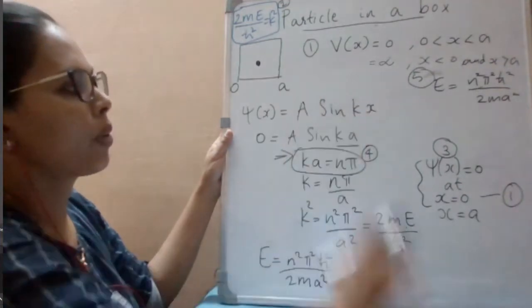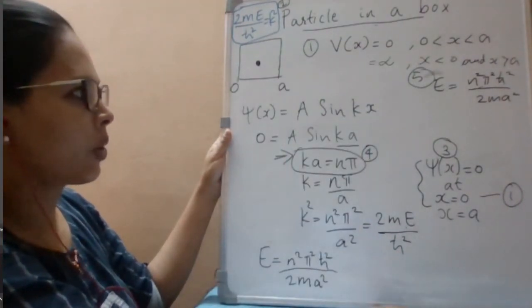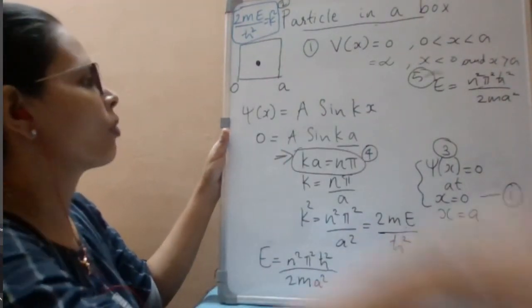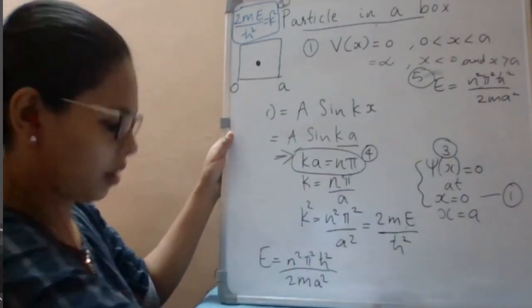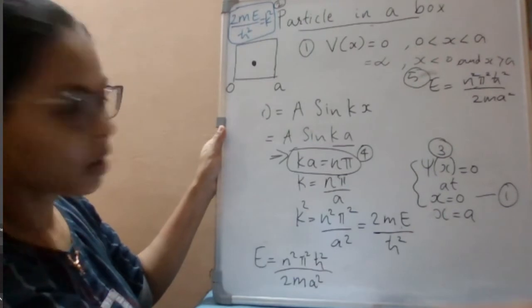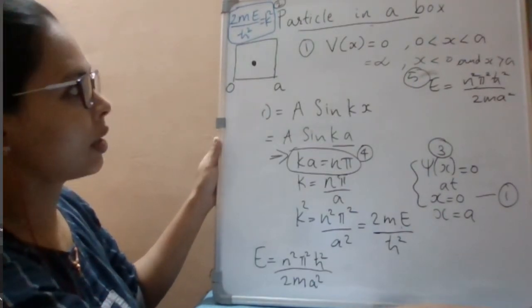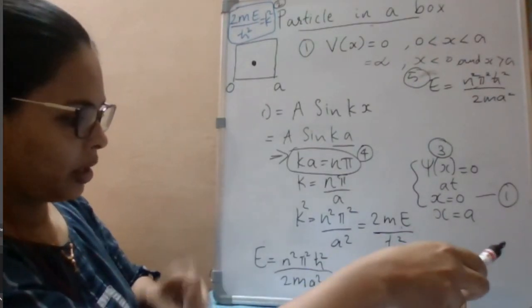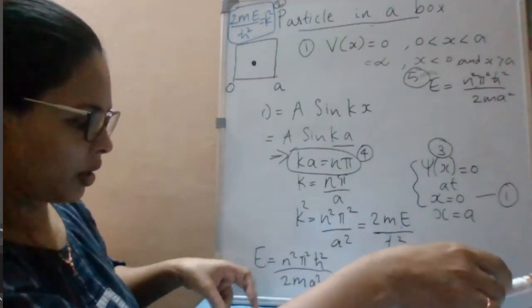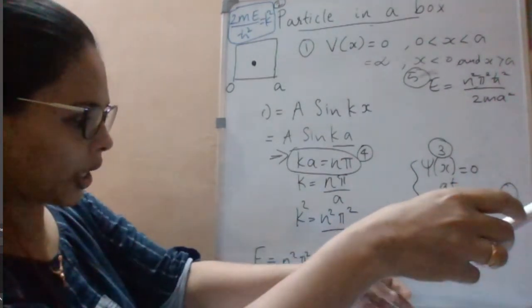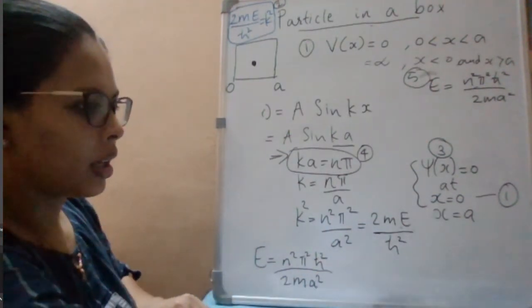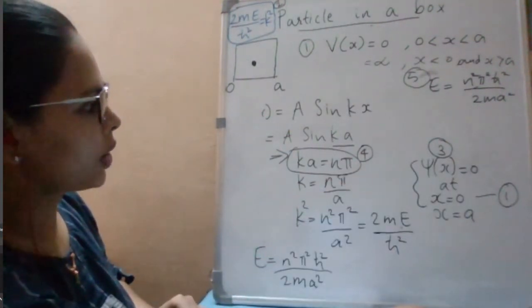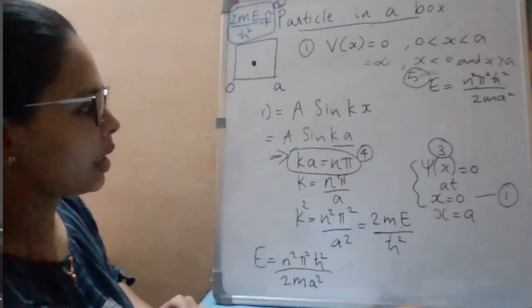So there are many important results here. Now we have the value of E, and the psi of x can be rewritten by giving the value of k here.